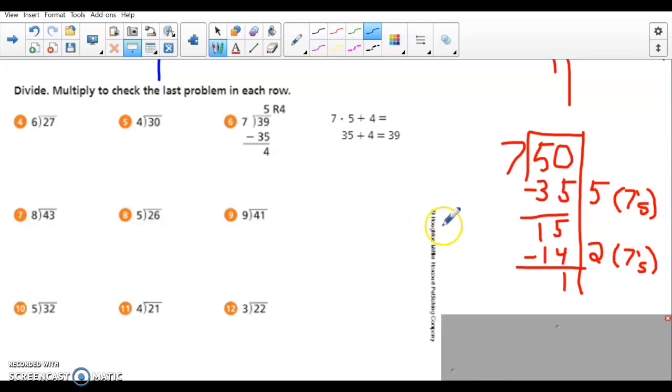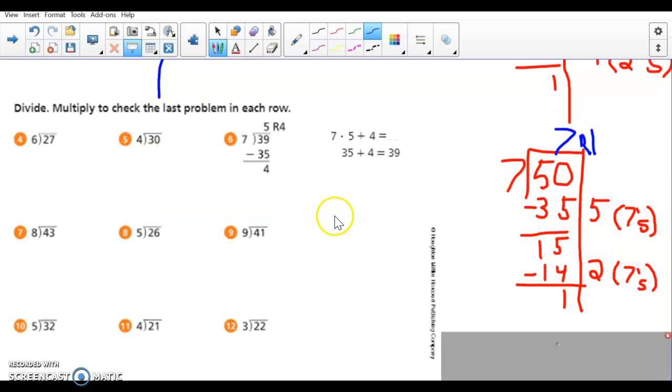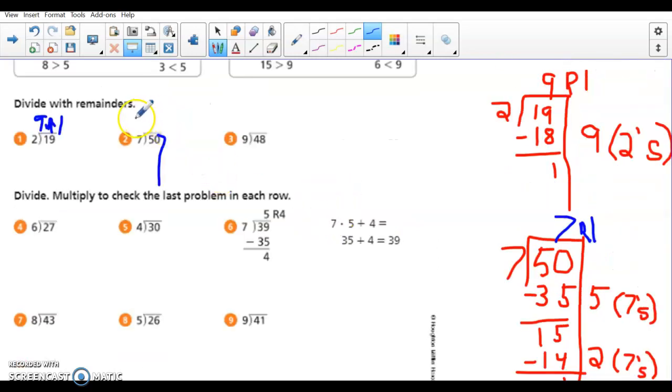Okay? And so that's what we call 5 groups and 2 groups is going to be 7 total groups. So you got to add these 2 up. You had 5 groups and 2 groups is 7 groups. And you have 1 left over that couldn't make a full group. And so you're going to say your answer is 7 with a remainder of 1.